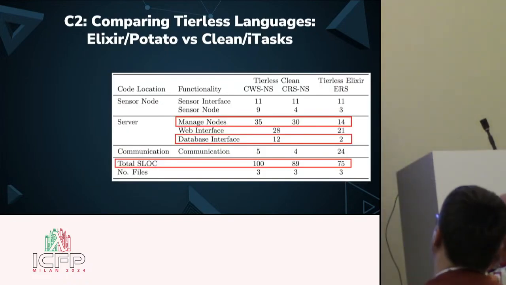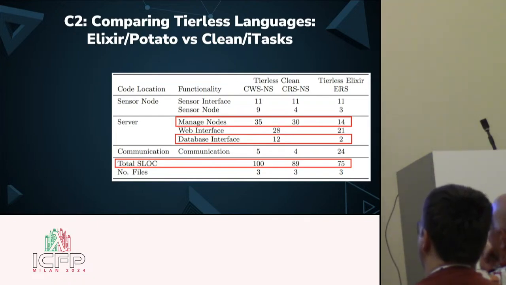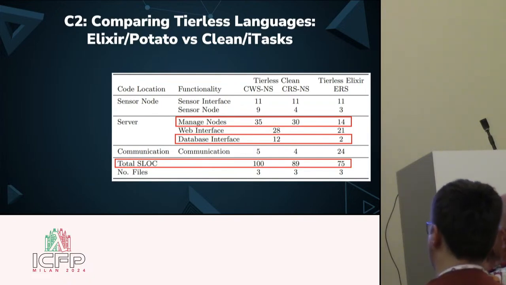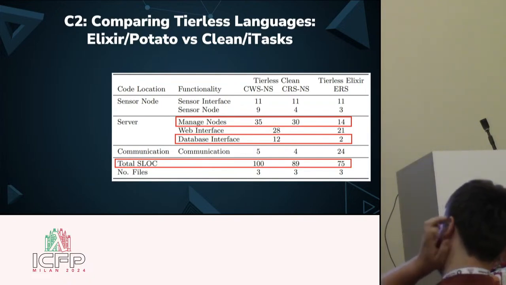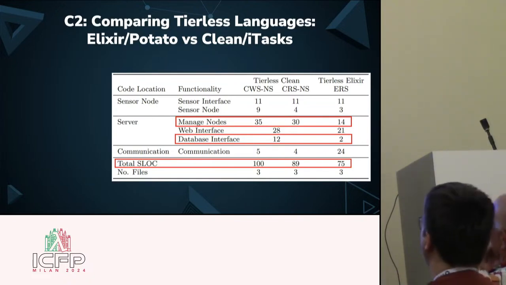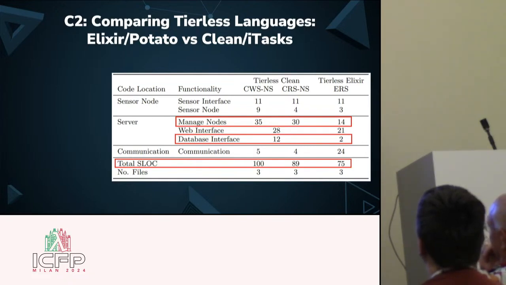Look at the second thing, comparing two tierless languages. As far as we know, these are the only two tierless IoT languages. What do we see? Well, one of the main messages is actually the size of the code bases are pretty similar, considering CRS to ERS.